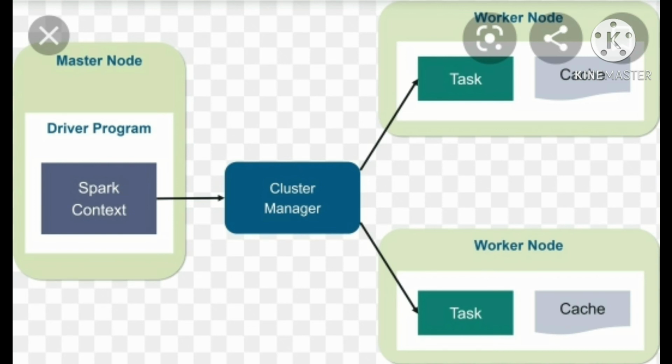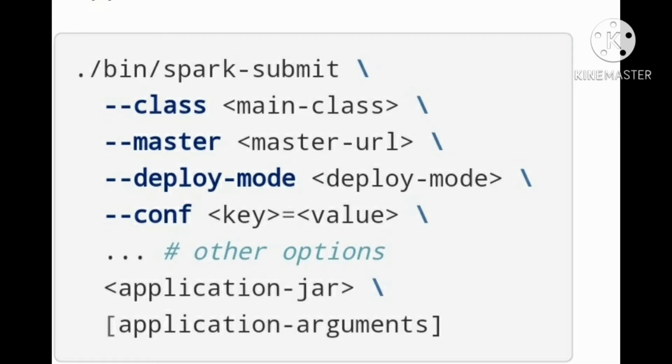The memory for the driver program of one Spark submit will be allocated only on that particular worker node. So it will use lesser memory. This is the difference between the deployment modes.